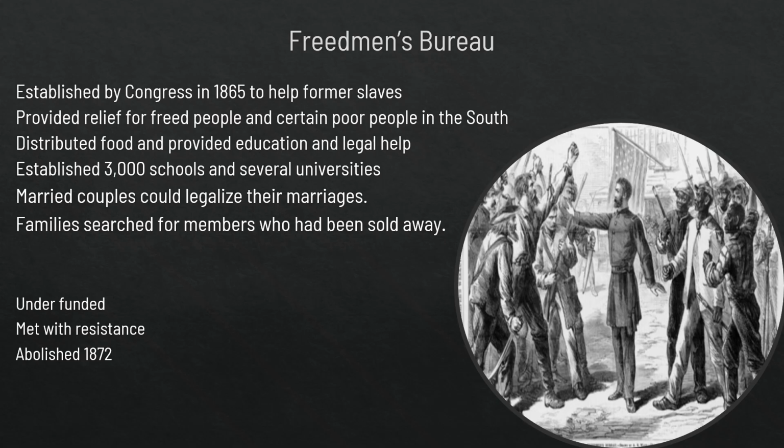So it was a way to get relief, food, clothing, education, legal support, because all this stuff is still happening to the newly freed people. So it helped millions transition from slavery, if you could even imagine what that transition would be like, to be enslaved and all of a sudden free with nothing. So it was just this vital part of it.